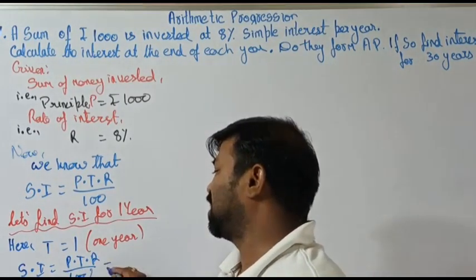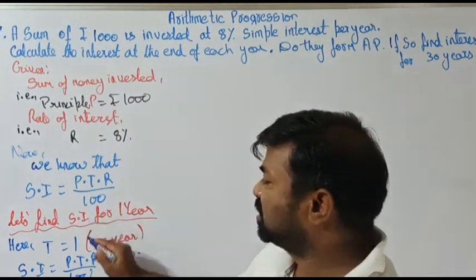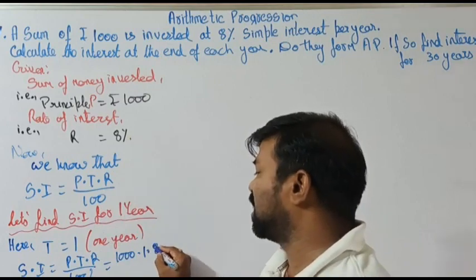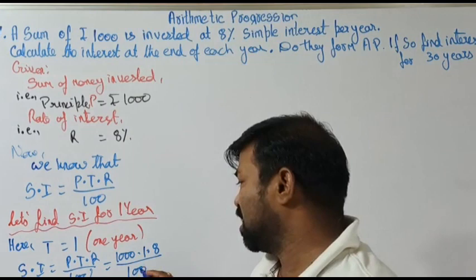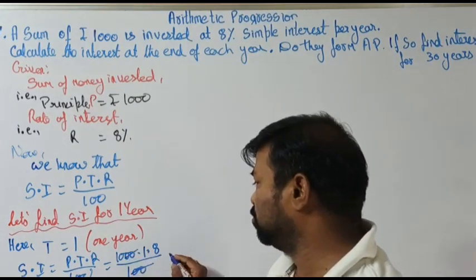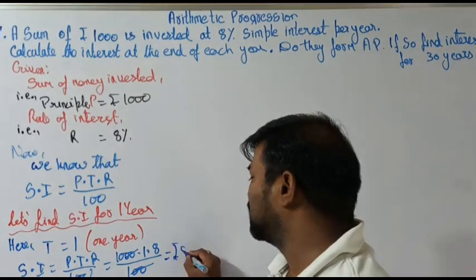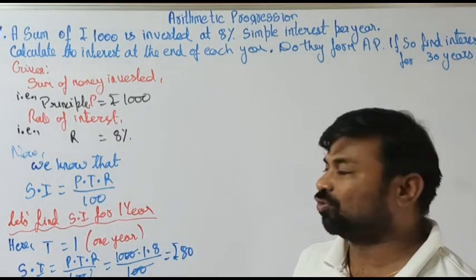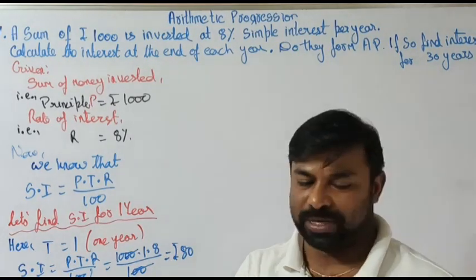The principal amount is 1000, time period is 1, into rate of interest 8, divided by 100. Now I'm cancelling 2 zeros here and 2 zeros there. If you multiply, it's nothing but rupees 80. So the interest we have calculated for the first year is 80 rupees.